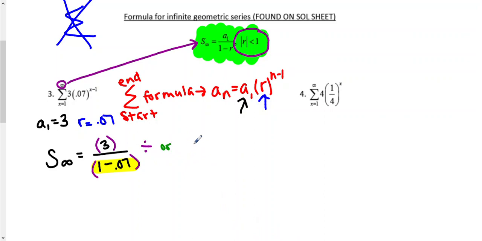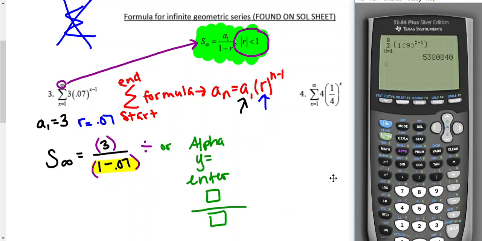Or you can do alpha, y equals, enter. And it gives you a fraction bar with a box on the top to type in and a box on the bottom. So if we do that, we would go alpha, y equals, enter, and I could just type in 3, and then on the bottom I can type in 1 minus 0.07, hit enter, and it gives me a decimal.